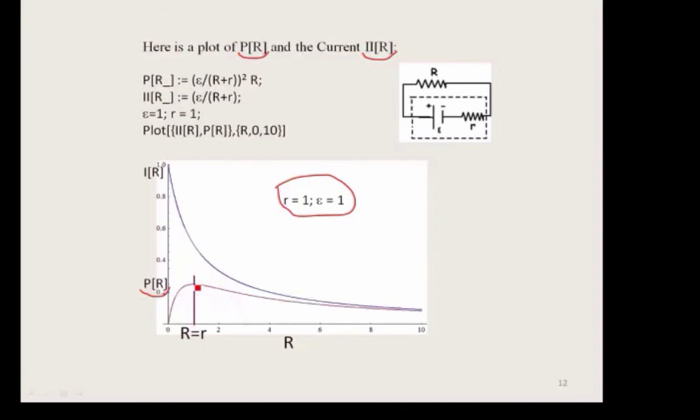And the maximum here then is the maximum power that would be transferred to the resistor. It occurs at R equals r. Notice this is a 1, and we chose little r as being 1. So you can see how it behaves, and you see how you get the maximum value in the function.